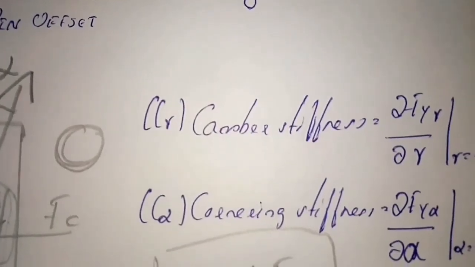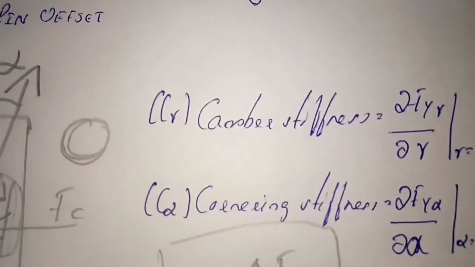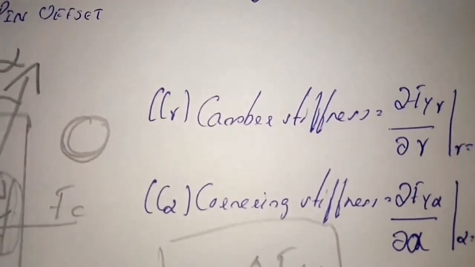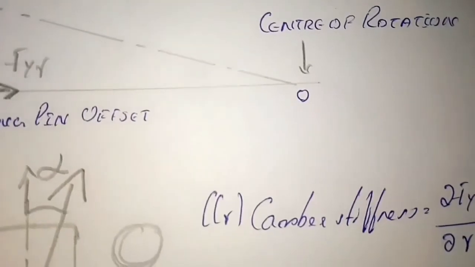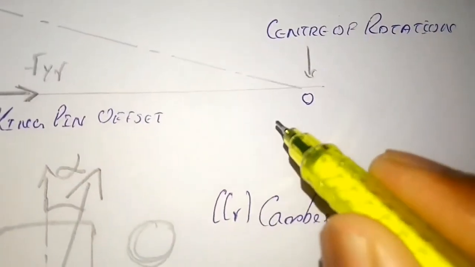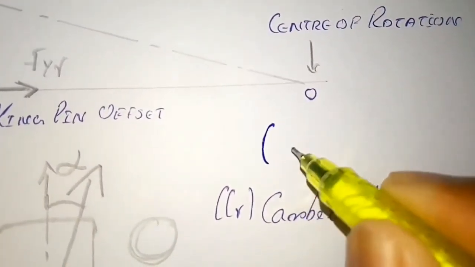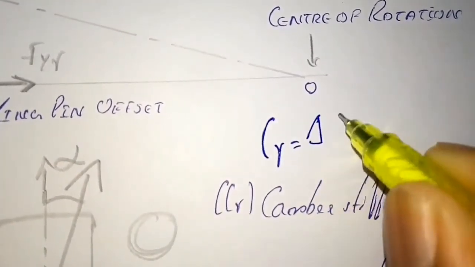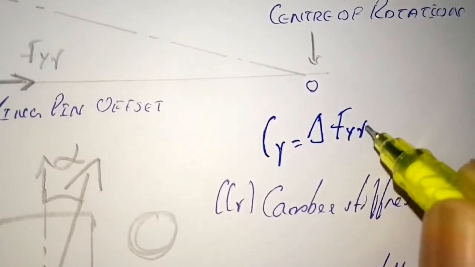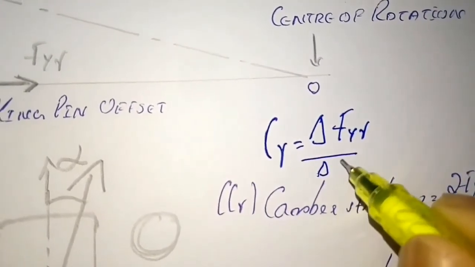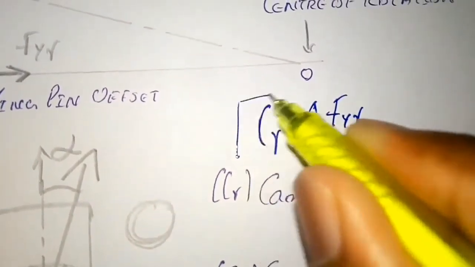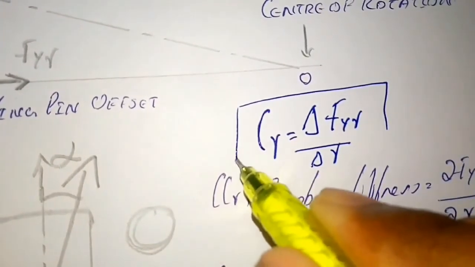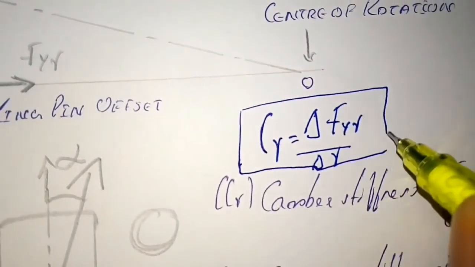There is a value that is used to compare the camber properties of tires, and it is called camber stiffness, denoted as C_γ, where you know that γ is the camber angle, and it is defined as the change in camber thrust divided by the change in camber angle. Similar to the cornering stiffness, it is camber stiffness.